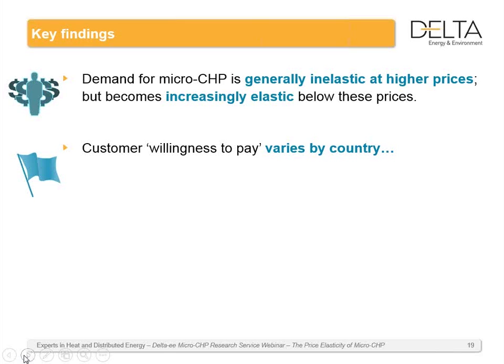So the two technologies, the two pitches, if you will, that we put to respondents in our survey were for a fuel cell micro-CHP product and a Stirling engine micro-CHP product, so covering both the lower electrical efficiency and higher efficiency range of the product spectrum. And we found the response by customer and by technology was quite different in each country.